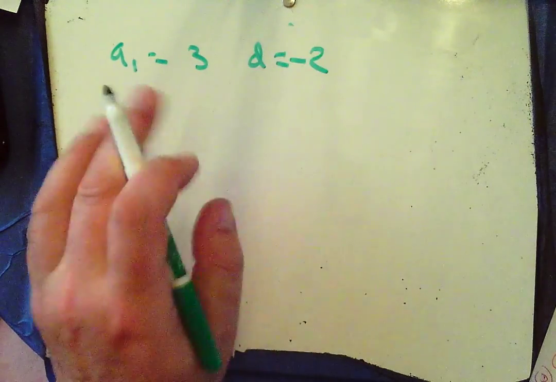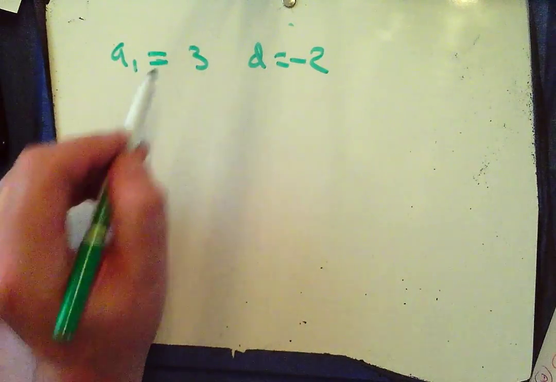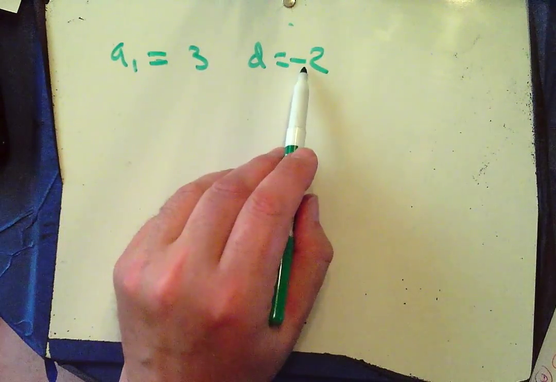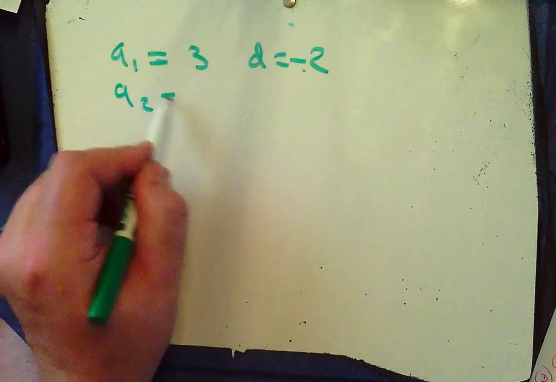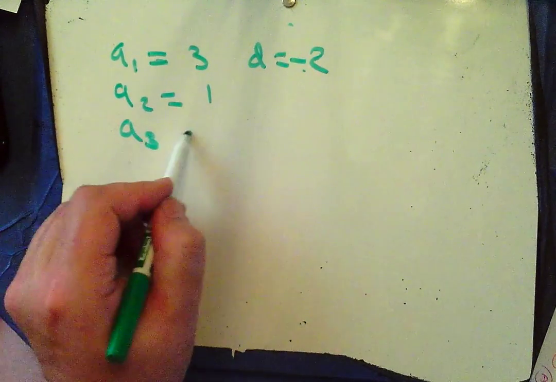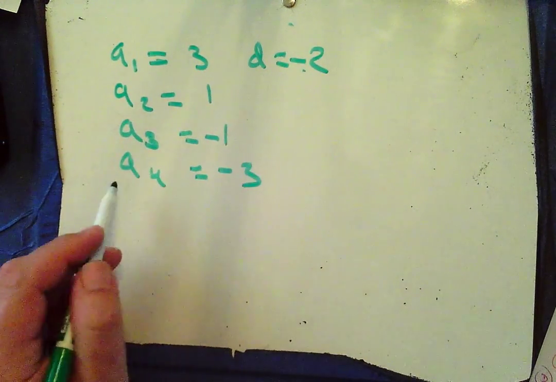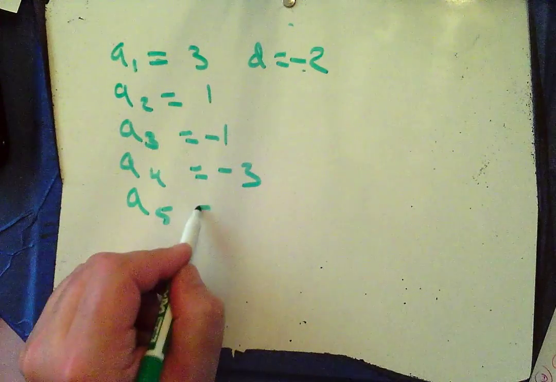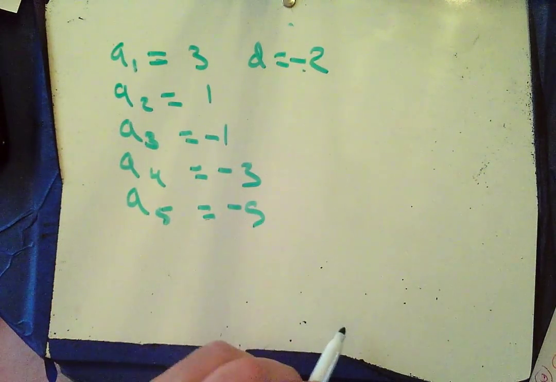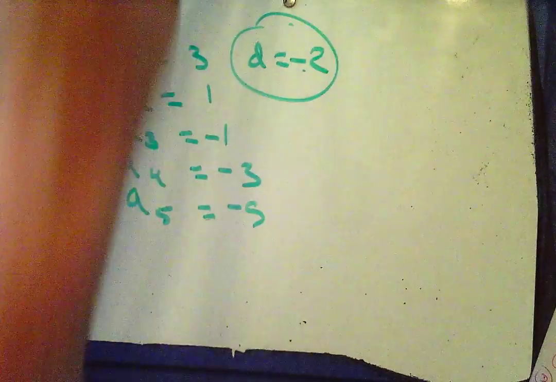I've actually seen students do this and get it wrong by just saying, oh, I'm going to subtract 2 each time. You would think it should be really easy to just subtract 2 each time. And I'm not sure what it is, but for some reason, some students have a real difficult time, especially when the d value is negative.